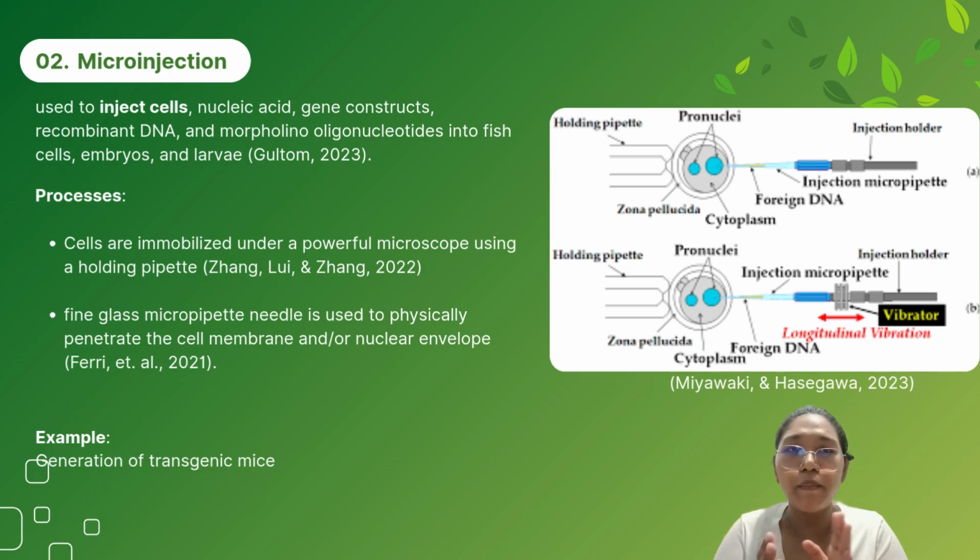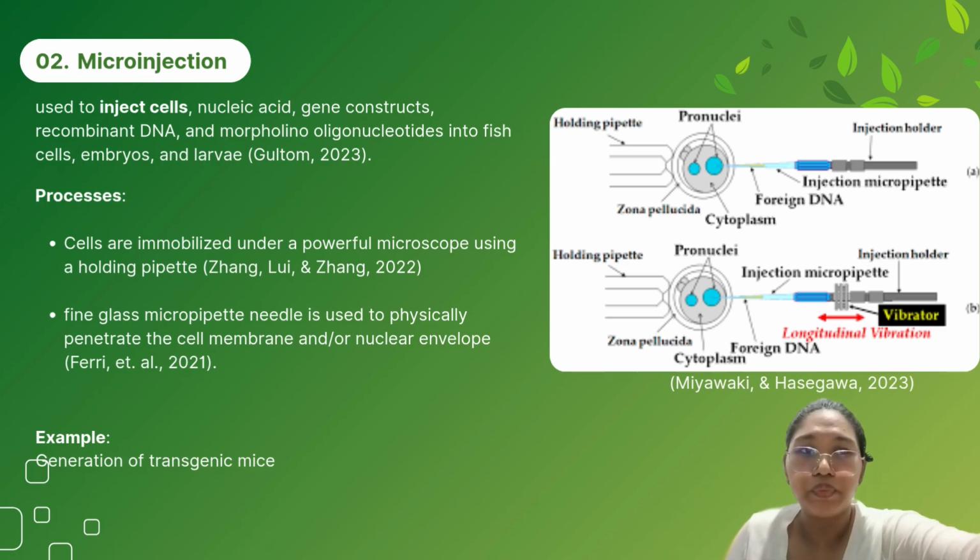Now, a fine glass micropipette needle is used to physically penetrate the cell membrane and/or nuclear envelope. An example of this is the generation of transgenic mice.